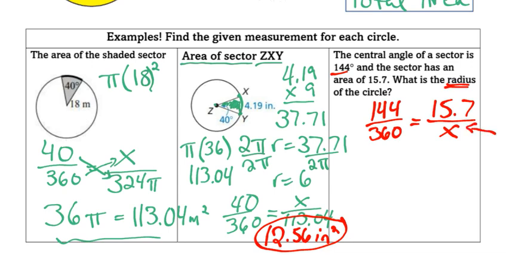And then I'm going to need to solve the equation for area of a circle for the radius of that circle. So this portion is just going to help me solve for the total area. So we're going to cross multiply there and find out that the total area of the circle is 39.25.